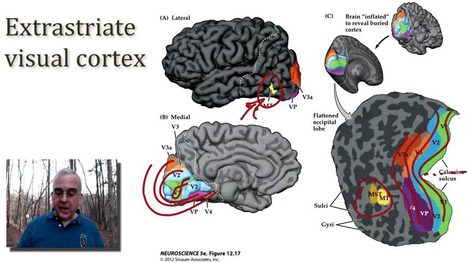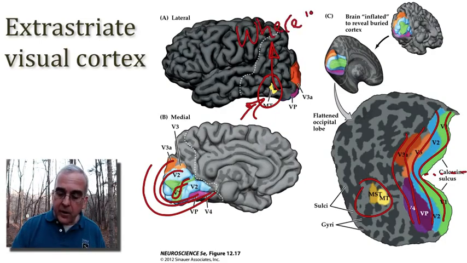From this area MT, these motion signals seem to inform a spatial analysis of the visual world that is happening in the parietal cortex. So we can think about this parietal area as addressing the question, where am I looking? Or where are the objects that I'm looking at that happen to be in motion?